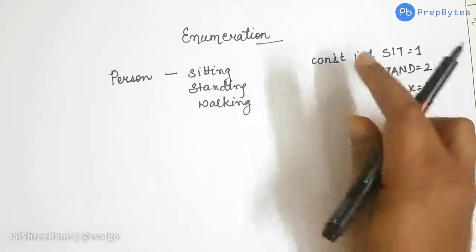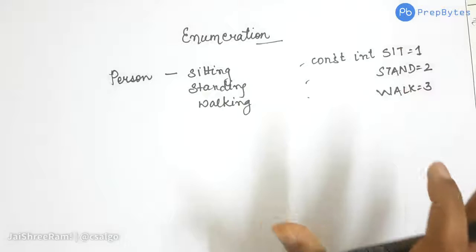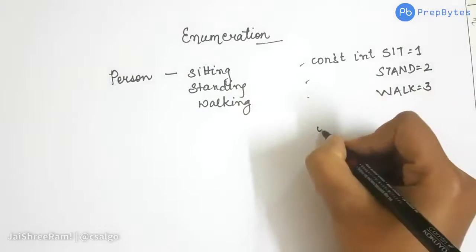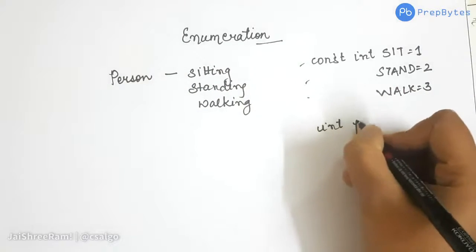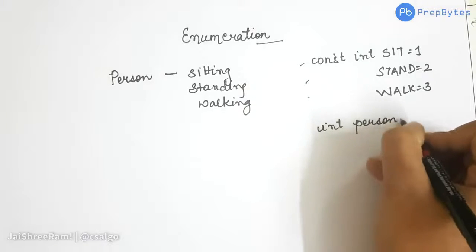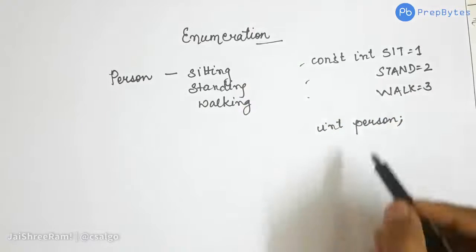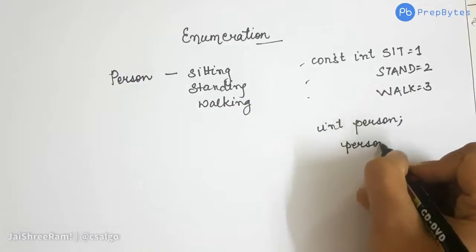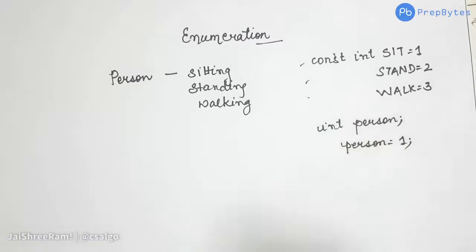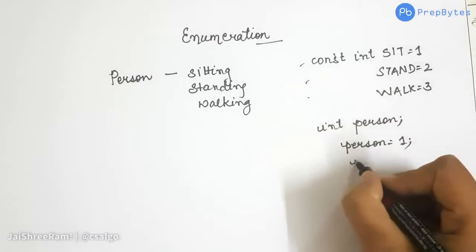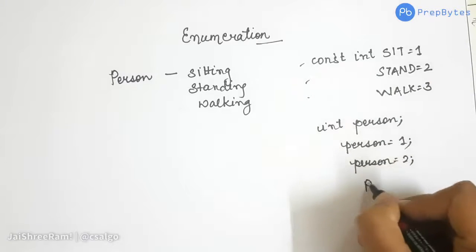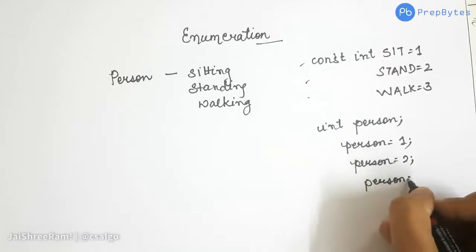So you make three constant integers, and for this particular person, let's say you name this as int person, and whenever you have to represent that the person is sitting, you can simply do person equal to 1, or for person standing you can do person equal to 2, person equal to 3.